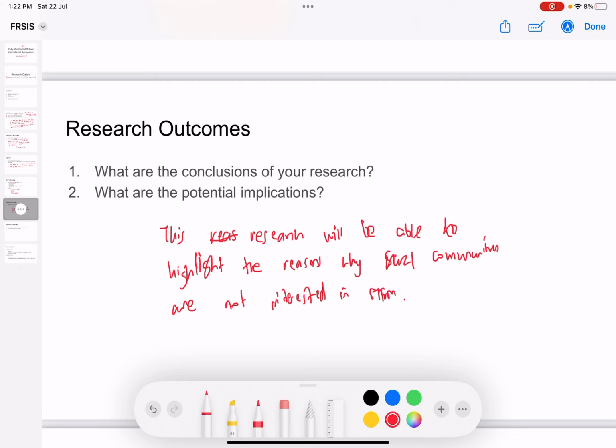So you'll be able to identify the specific reasons why students are not interested in STEM, and then from there you can also propose suggestions on how to increase the number of students in STEM education, okay, right?